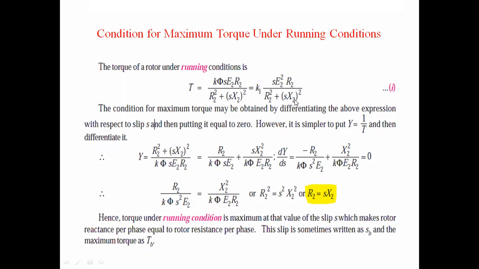That means whenever the motor is in running conditions, we should always consider the value of slip. The condition to get the maximum running torque is R2 equals S into X2.